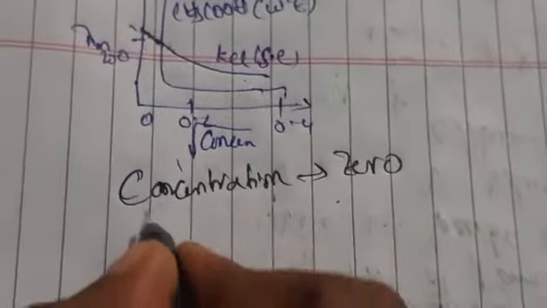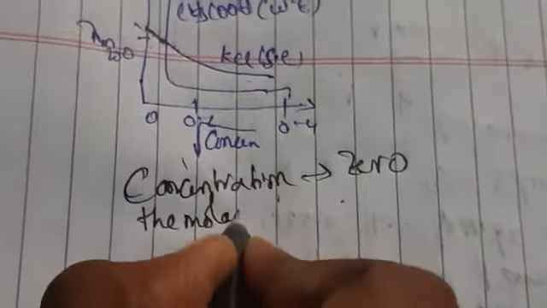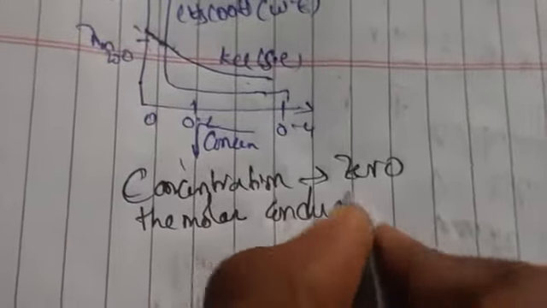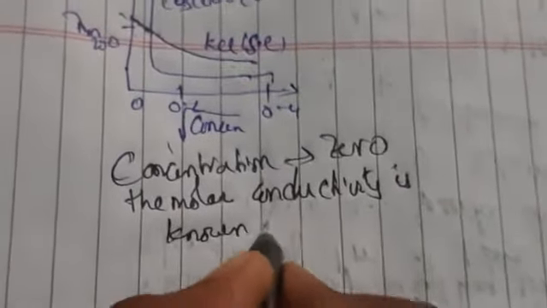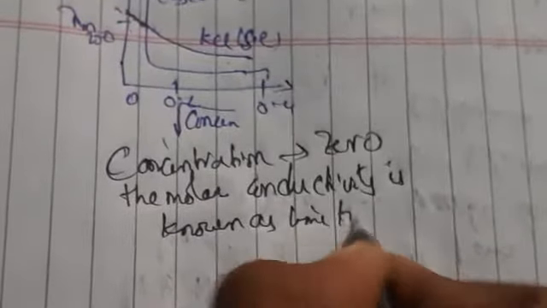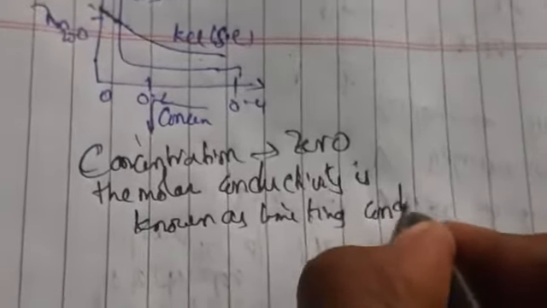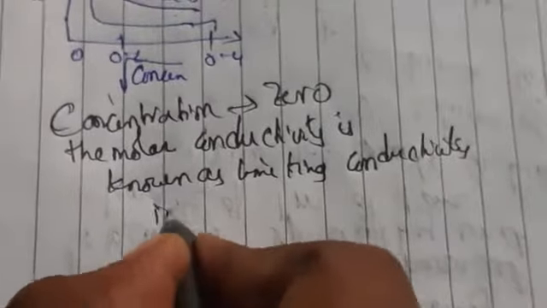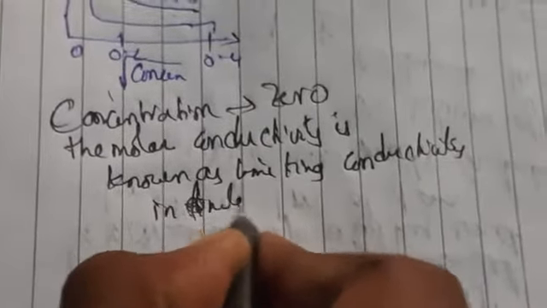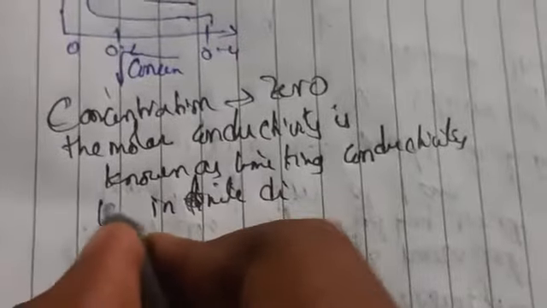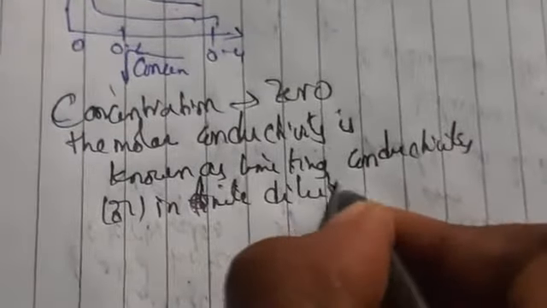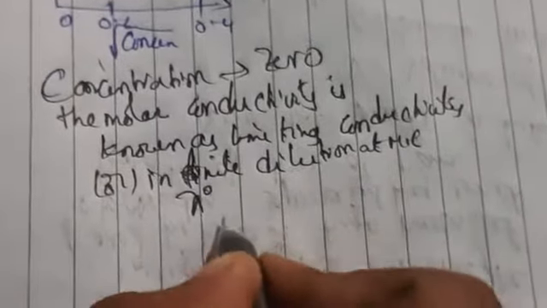When the concentration approaches zero, the molar conductivity is known as the limiting conductivity, also known as molar conductance at infinite dilution, which is denoted by lambda naught m.